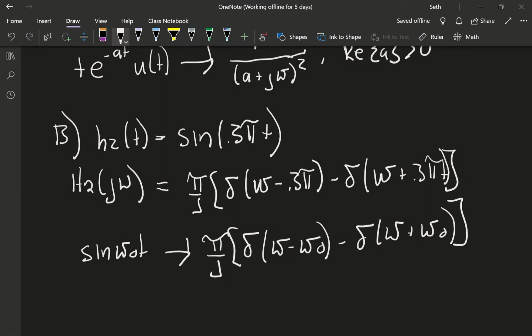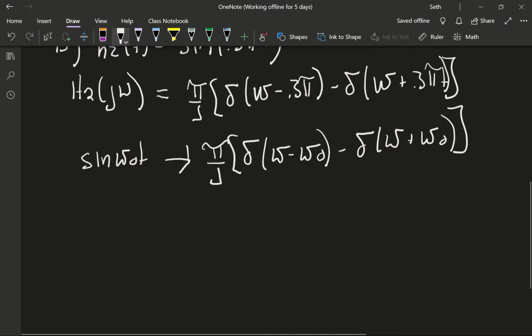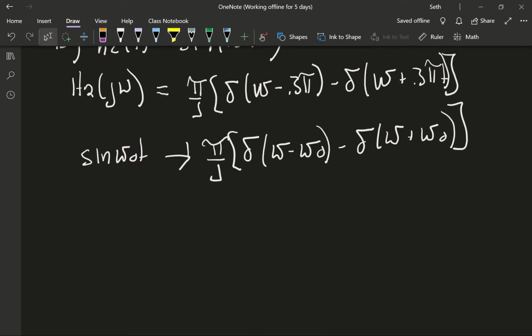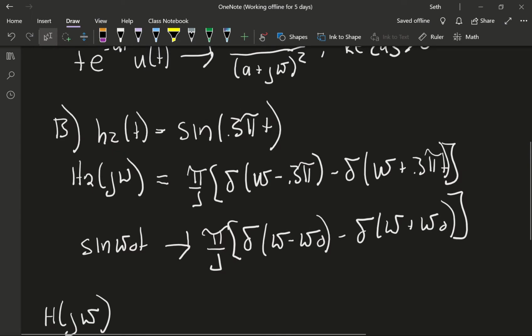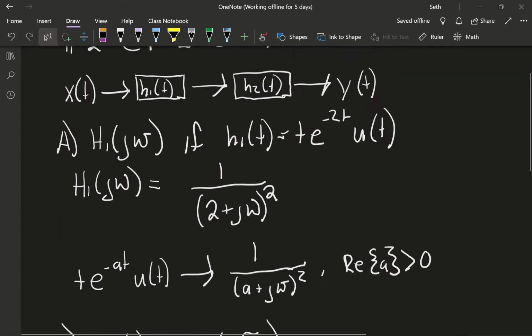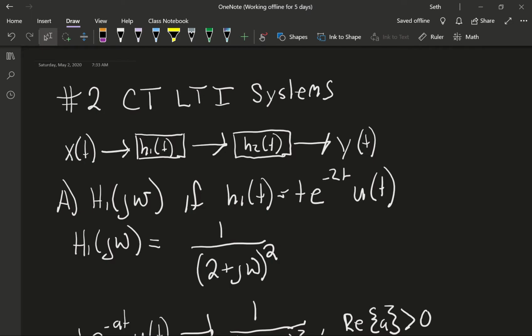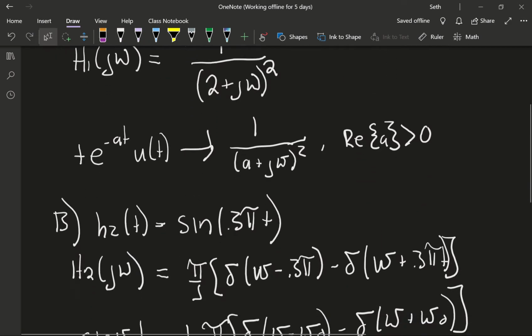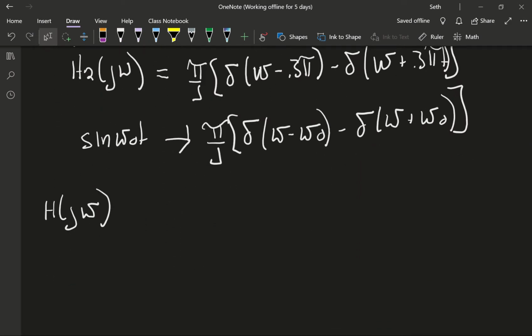Part C asks us to find the overall frequency response H of j omega. We're in the frequency domain, so we know that for these cascaded systems, the overall response is just the product of the two of them.